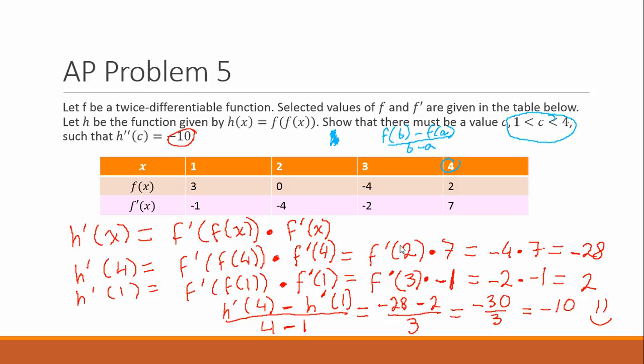So h prime of 4 is equal to -28, and h prime of 1 is equal to 2, but we are subtracting, so we have -28 minus 2, and then 4 minus 1 is 3, and this is equal to -30 over 3, which is equal to -10.